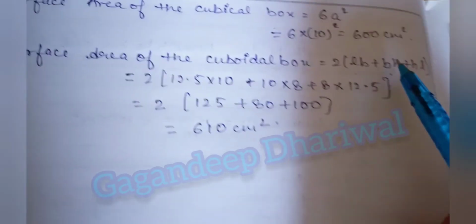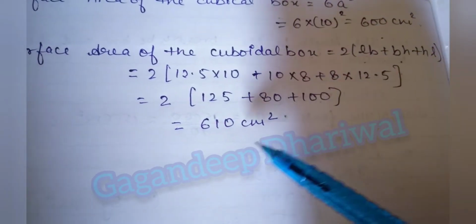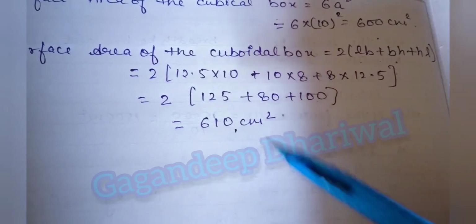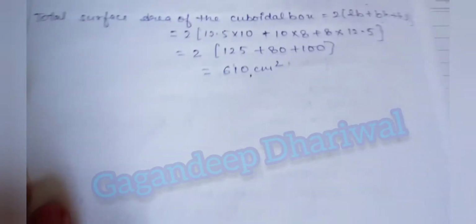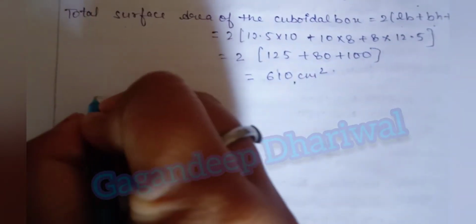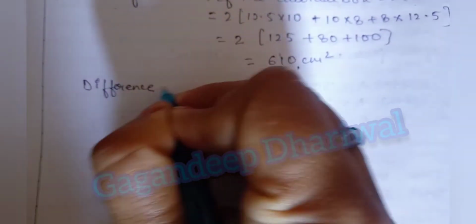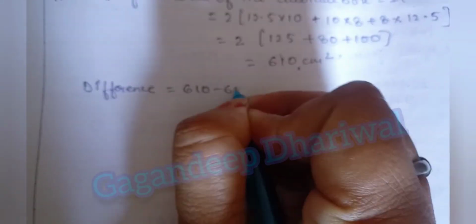Now compare: the total surface area of the cubical box is less as compared to the total surface area of the cuboidal box, which is 610 centimeter square. How much? So the difference equals 610 minus 600, that is 10 centimeter square.